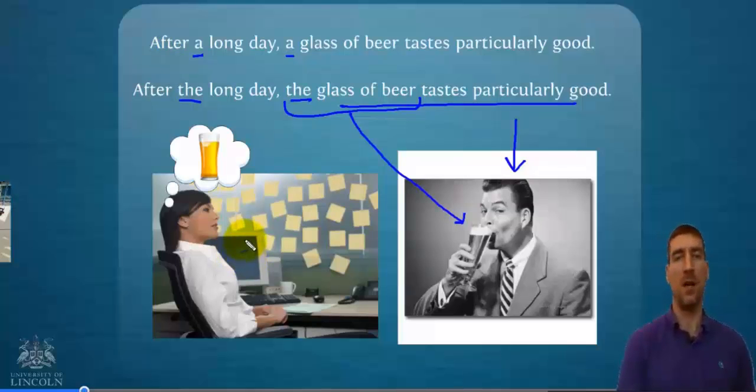Maybe, maybe not. Doesn't look like it. She looks pretty relaxed. So it could just be a general statement. And any glass of beer tastes good after a long day. She's just visualizing, thinking about this beer at work. So it's not specific. So we've got, using the definite article, we're being specific. Indefinite article, we're not.